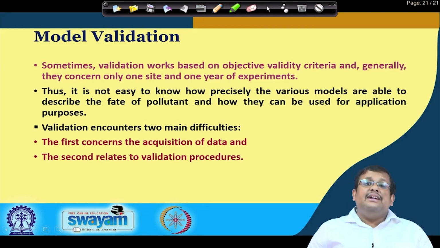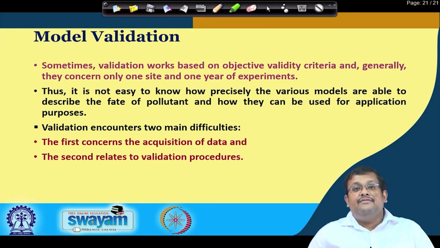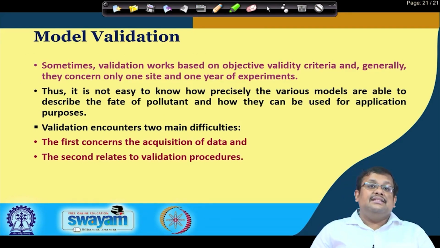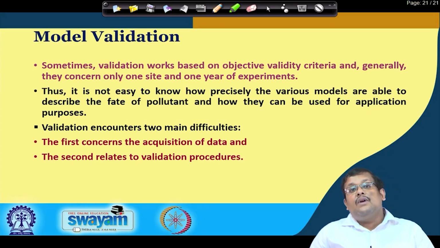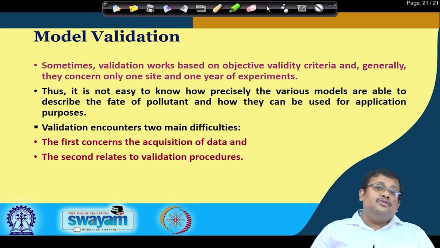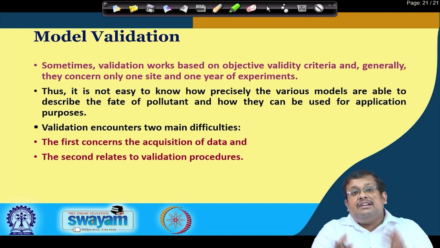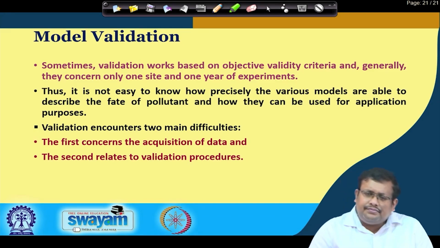Now, sometimes validation works based on objective validity criteria and generally they concern only one site and 1 year of experiment. Thus, it is not easy to know how precisely the various models are able to describe the fate of the pollutant and how they can be used in other applications. So, validation encounters two major difficulties. The first concerns the acquisition of the data and the second relates to the validation procedure.